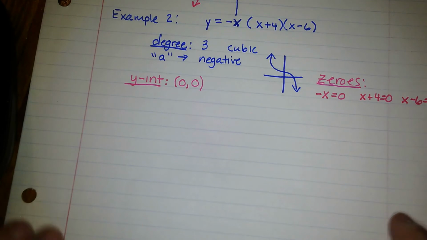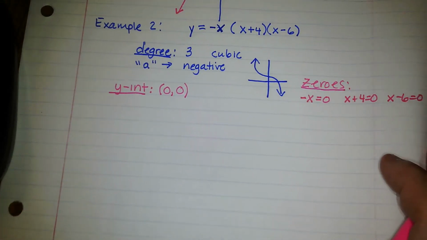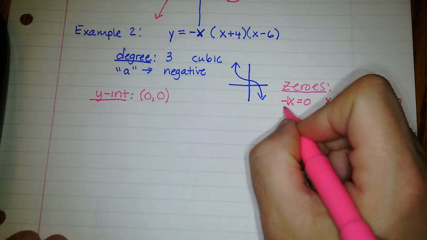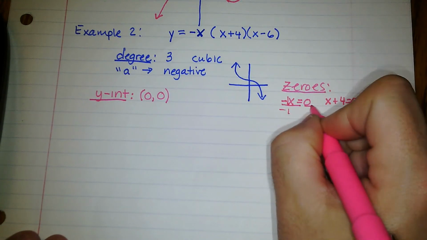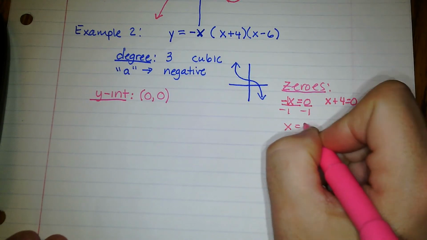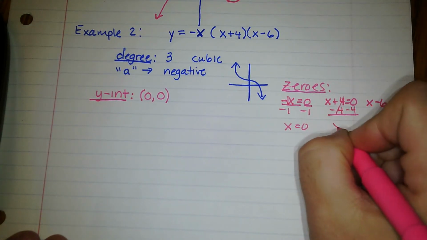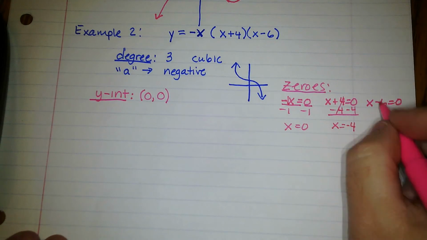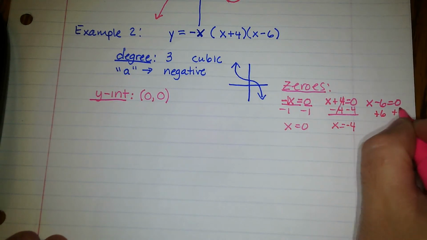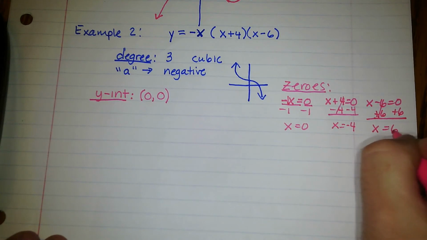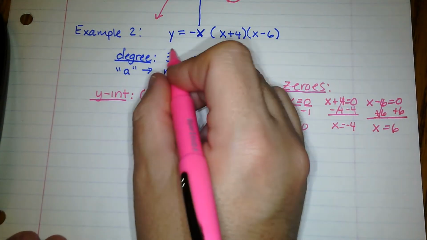I'm going to solve each of those for x. This one, to get x by itself, I would divide by negative 1, and I get x is 0. This side, subtract 4, and x is negative 4. And this one I would add 6, and x is 6.